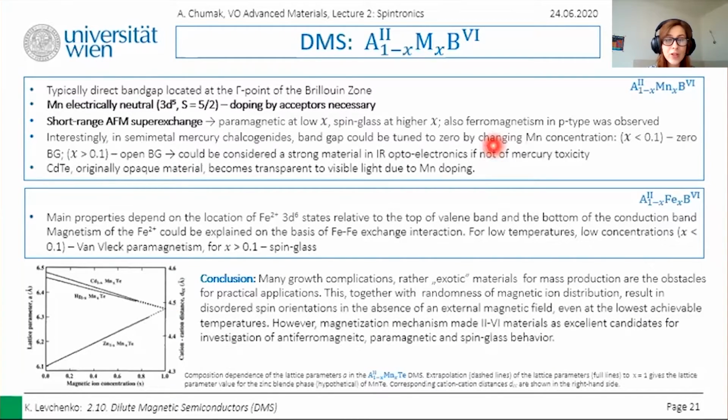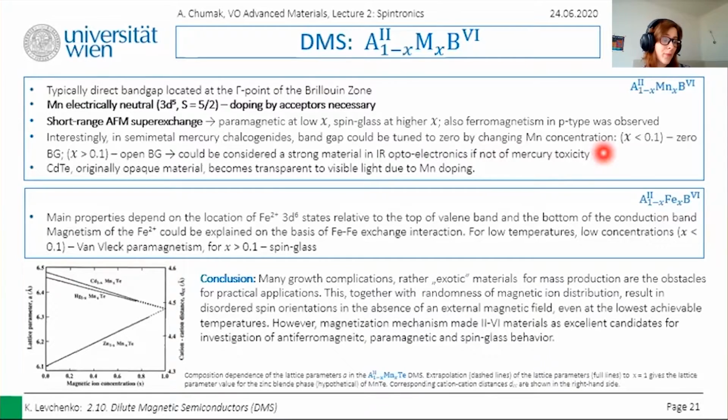And here the short-range antiferromagnetic superexchange determines, depending on the concentration of manganese, whether we have paramagnetic states for the low concentration, or a spin glass state for the higher concentration. And also ferromagnetism for the p-type was observed, which is quite interesting.